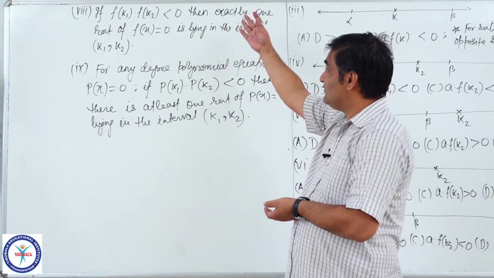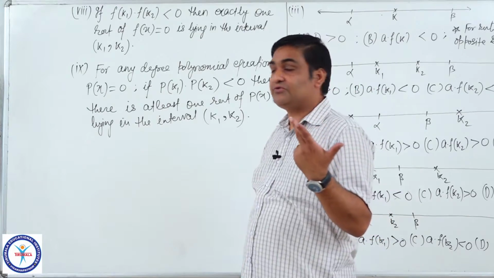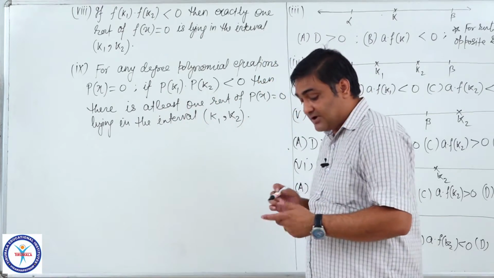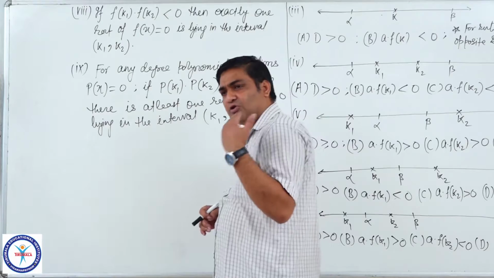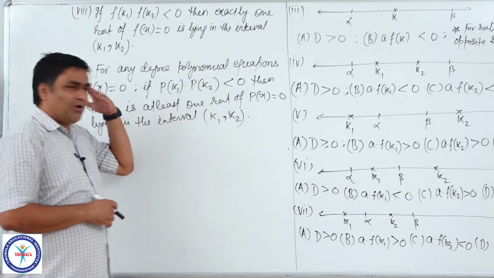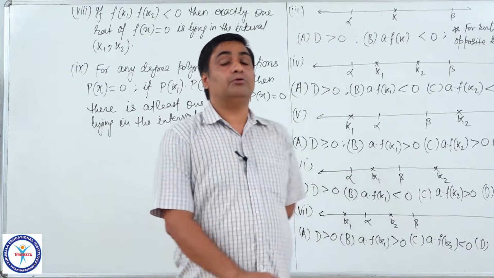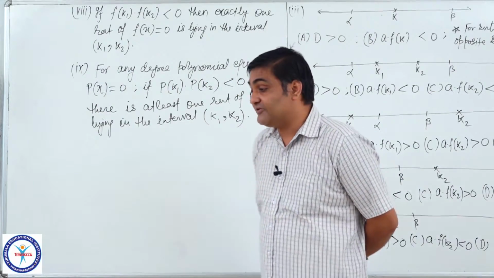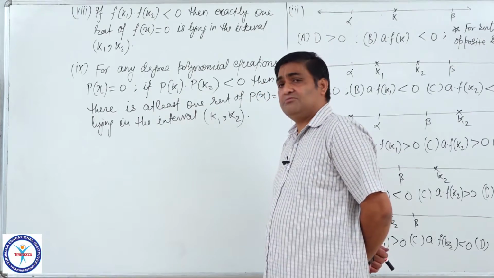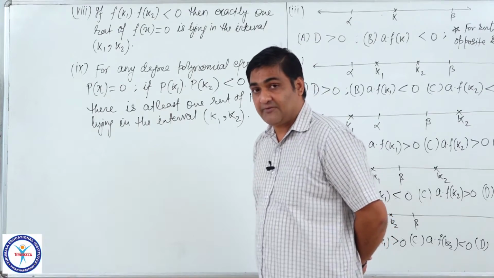Because for exactly one root, a quadratic can have only two roots. At least one real root. Suppose a higher degree polynomial, it can have 5 roots, 6 roots, or whatever. If P of k1 into P of k2 is less than 0, meaning negative, then we know that there is at least one real root between k1 and k2.